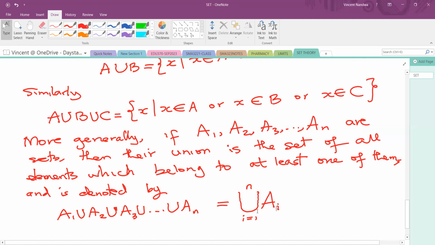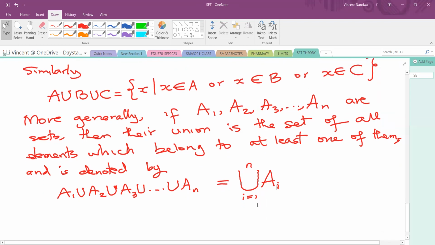So which simply means that i starts from 1, 2, 3 up to N.